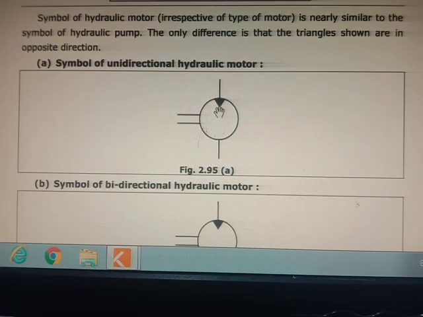The filled triangle with the inward direction means it is a unidirectional hydraulic motor. It means that the oil will flow from one direction, and this hydraulic motor will rotate only in one direction, either clockwise or anti-clockwise.